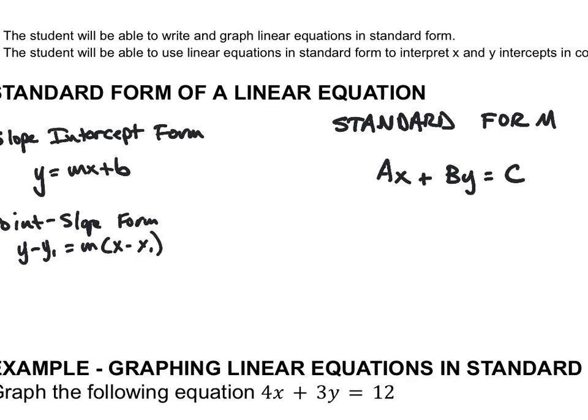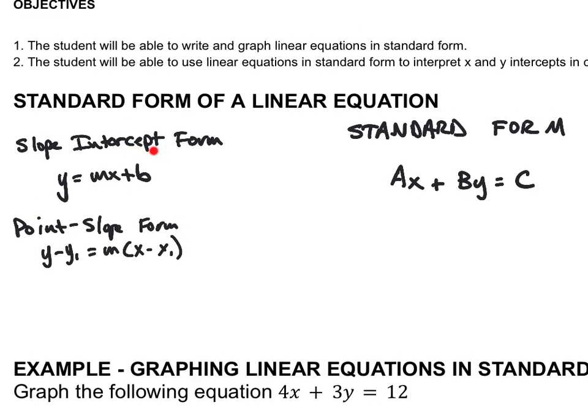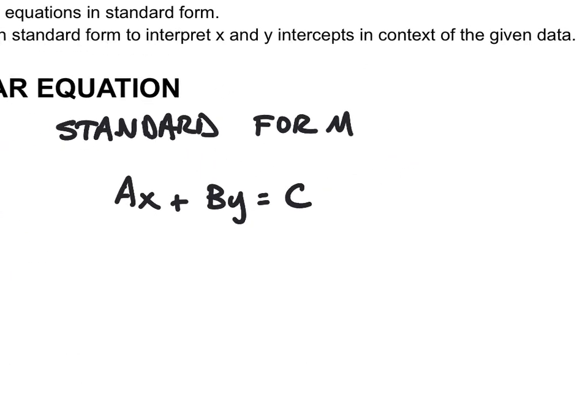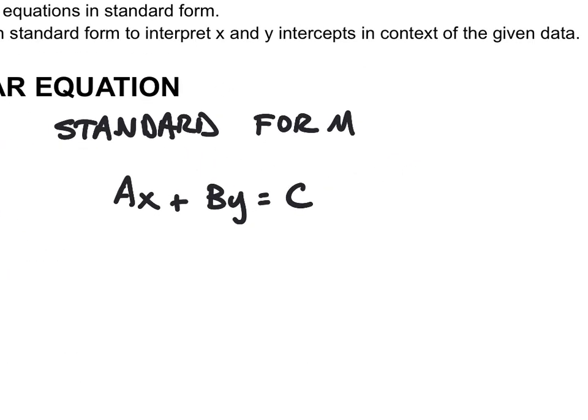Now, what I want you to notice about the difference between, say, slope-intercept form and point slope form is that all of these equations are geared towards having y equals something, or y minus y sub 1 is equal to something, and then you can quickly move over that y sub 1 value. Over here in standard form, what you should notice is that x and y are on both sides of the equal sign, okay?